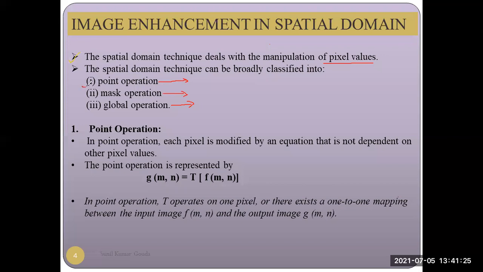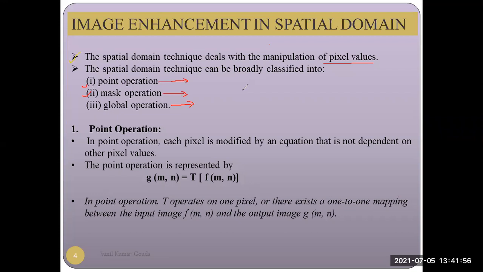But in the second type, the mask operation, we have a matrix of mask. We can say a matrix of 3 cross 3, or sometimes 6 cross 6. This matrix mask acts as the neighborhood of the point, and it will affect the result when we perform a certain image enhancement technique on a particular pixel.